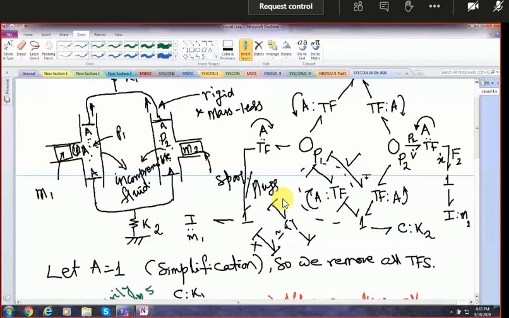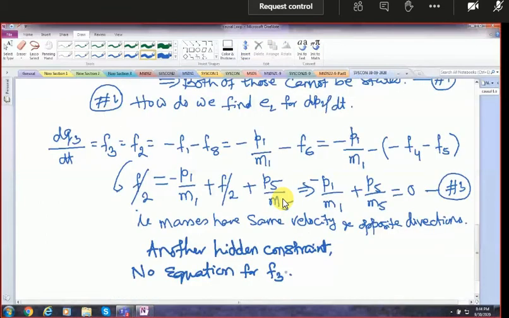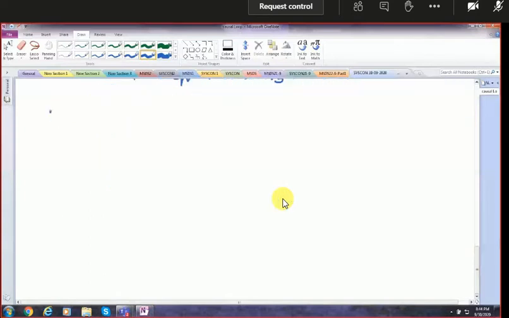No equation for F3. Whenever we are trying to derive an equation, we are not getting any equation. It's coming to some identity, and that variable is getting deleted. So how do we get equations? This is a big problem. To solve this problem, I will again go back to that same model. Where is the problem?